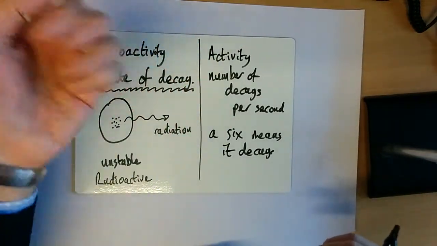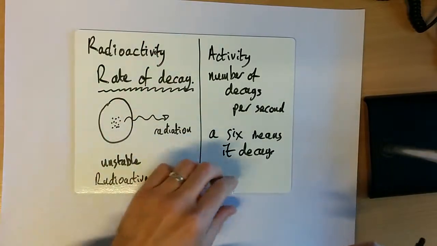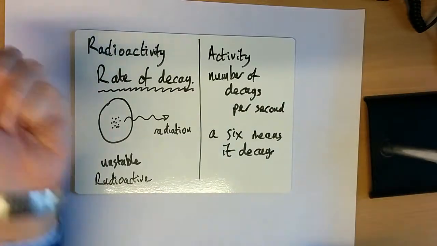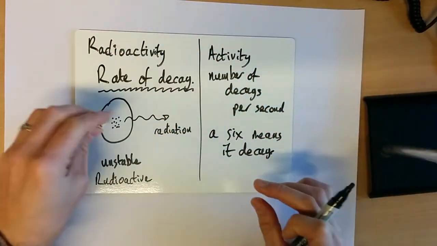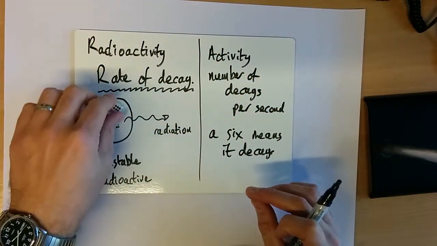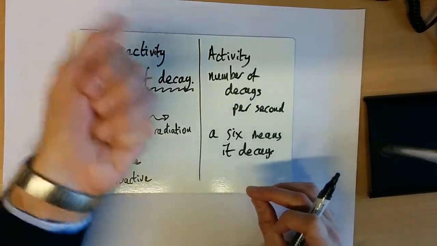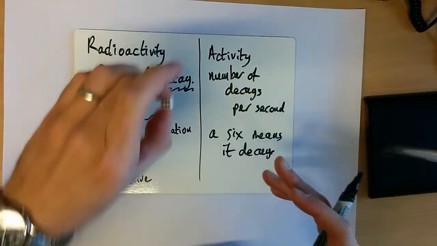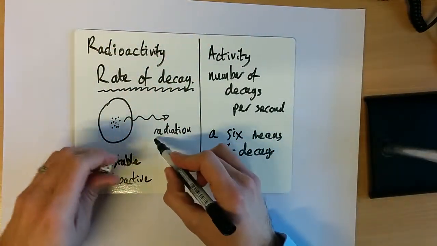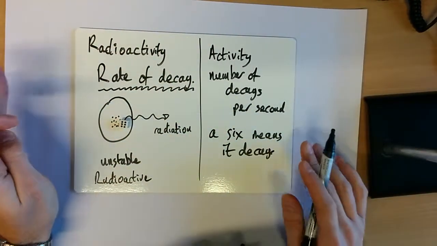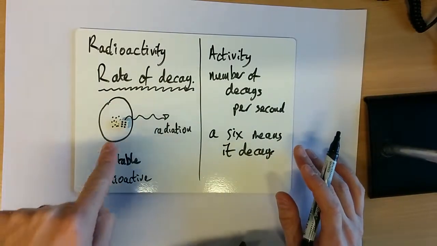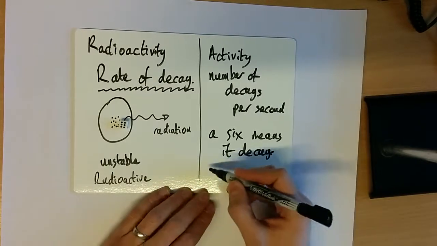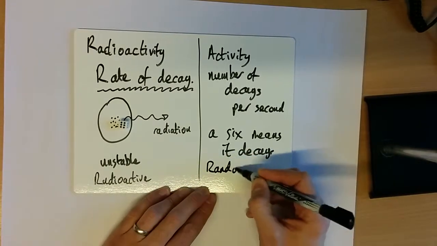A 2, a 3, a 2. So the point about one of these atoms is that it is completely random. There we are, a 6. This has now decayed and it's given me some radiation, but I didn't know when. Radioactivity is random.